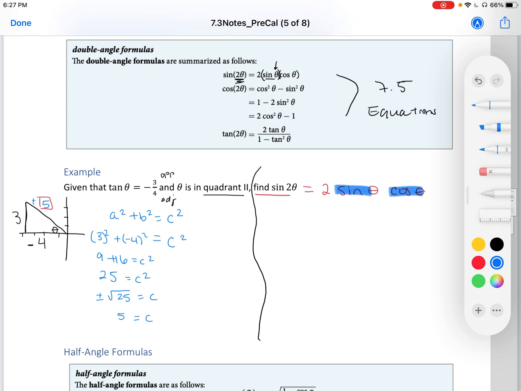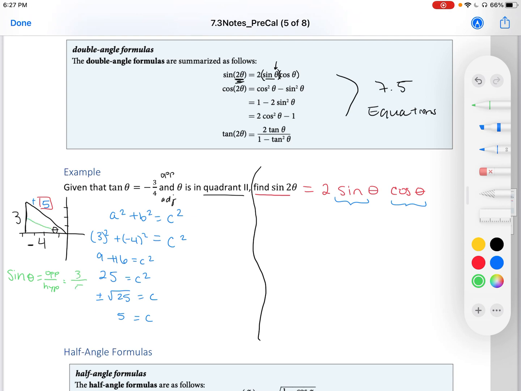Now I can find the sine value and the cosine value. Let's figure them out. Sine is made up of opposite over hypotenuse. Opposite of theta is 3.